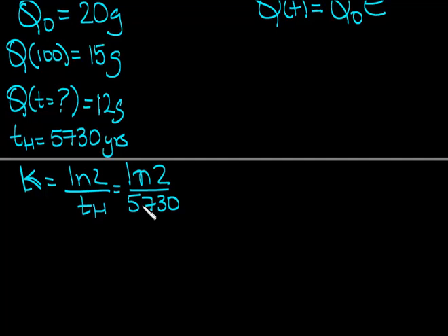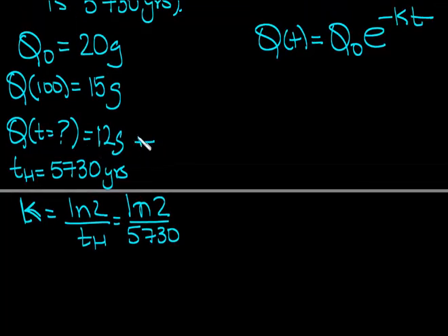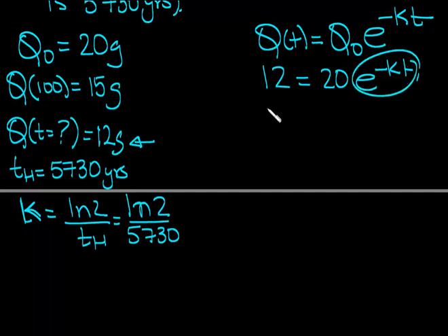So let's just answer this question. They've told you Q is 12, Q naught is 20, e to the negative kt. I do know k, but I'll plug it in later. So I want to solve for t, the unknown in the exponent. I want to isolate this, so divide both sides by 20. 12 divided by 20 would be 6 over 10, and 4 goes into 20 and 12, so it'll be 3 over 5 is equal to e to the minus kt.